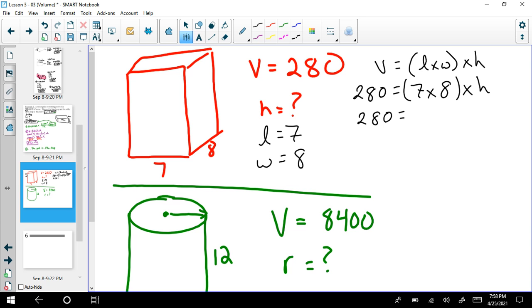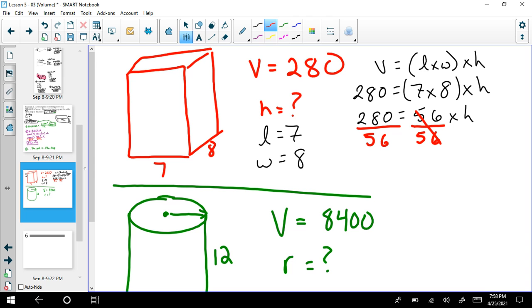So my 7 times 8 is going to give me 56. I should know that, but I'm going to use my calculator. So 56 times my height, and then I have my 280 divided by 56, right? Because whatever we do to the right side, we have to do to the left, and we have to divide this by 56 here, and on this side because it's being multiplied.